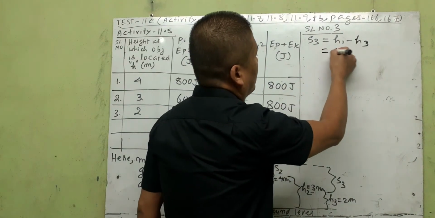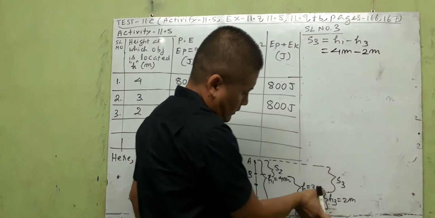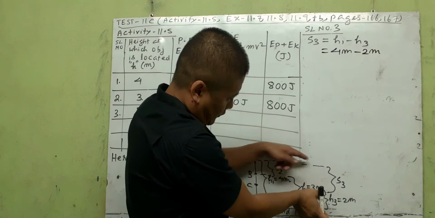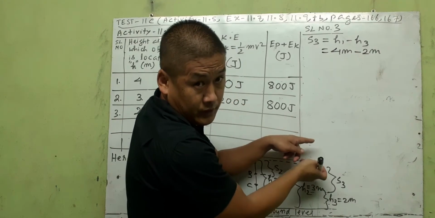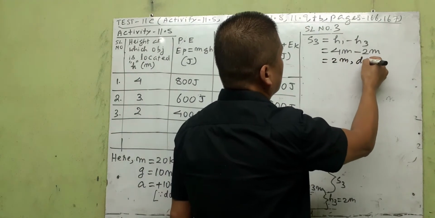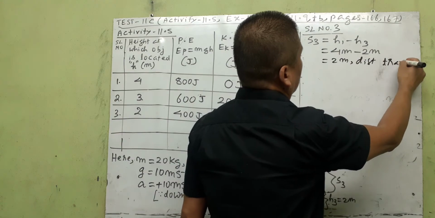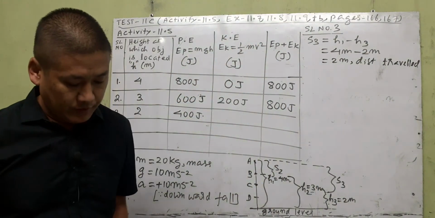So 4 meter above ground minus 2 meter above ground. 4 minus this 2 is this much. The distance dropped, the distance traveled, which is equal to 2 meter, is the distance traveled in the third case. We need this, right?